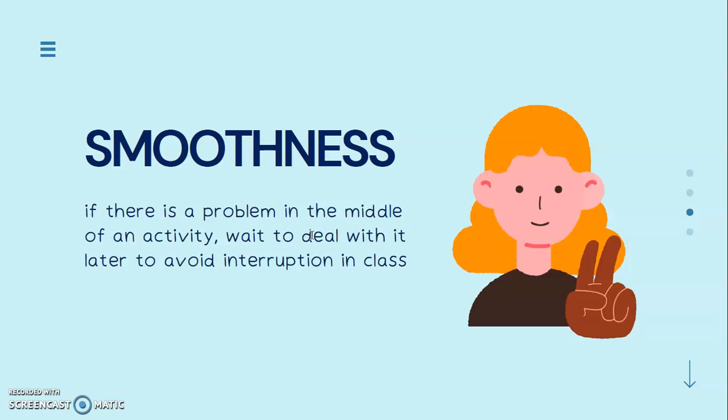You just point to the paper the student is working on, and the student silently understands, because they know that you noticed they are answering for their English class and not for your lesson. Okay, so that's one way to ensure smoothness in class.